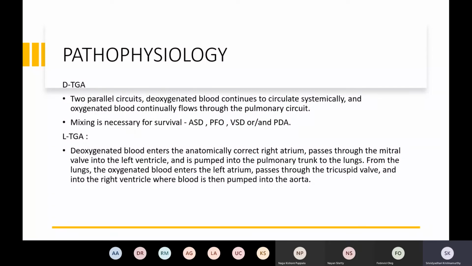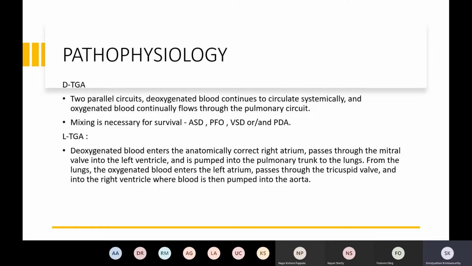Now, as opposed to this, in the corrected TGA, the left ventricle is transposed onto the right ventricle, and the pulmonary artery comes off from the left ventricle and is in line with the right atrium.